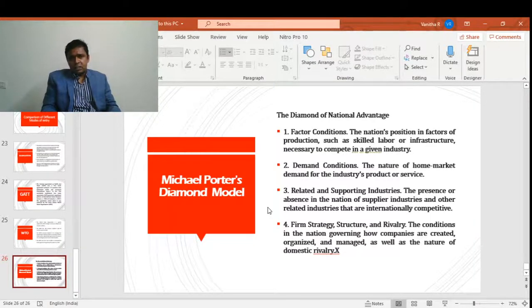So this is what Michael Porter says in the factor conditions. And what we're trying to cover here is, if a company has to become successful in its country along with other countries, what are the factors that need to be there with that company or organization?